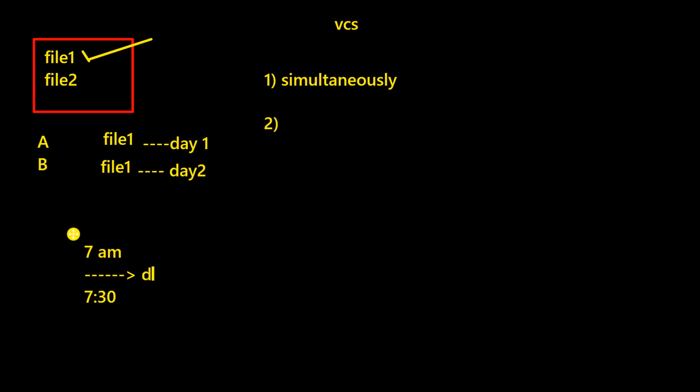I need detailed logging, in such a way that it should tell person A made changes on file 1 on line number 9 at 7:15 or 7:25 a.m. A detailed log which gives you all the information so that you identify it, remove these changes, and the system is back, right?